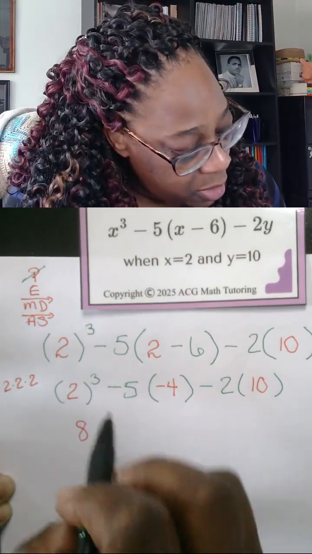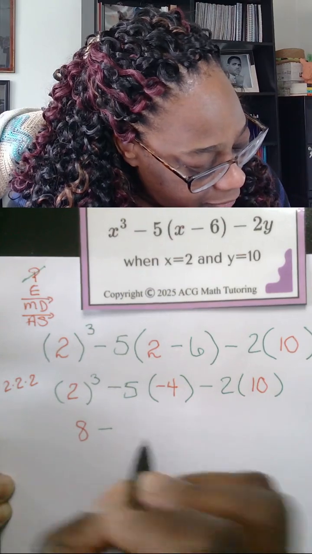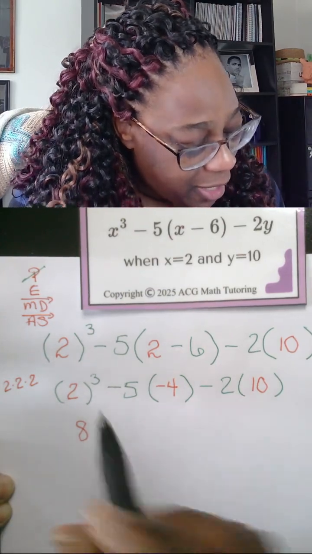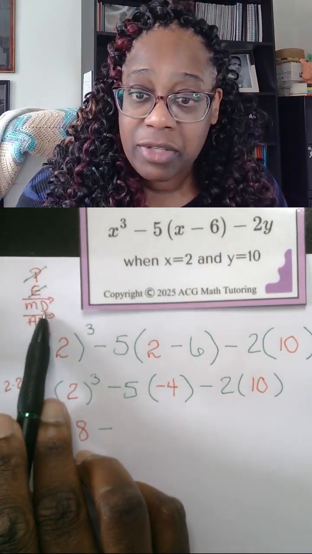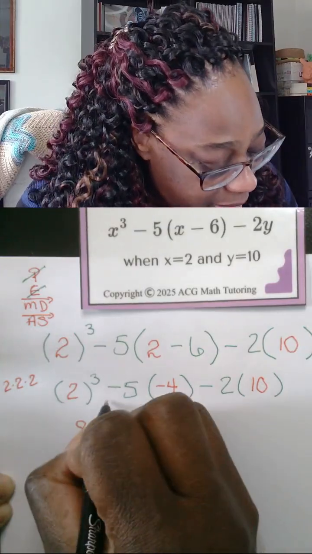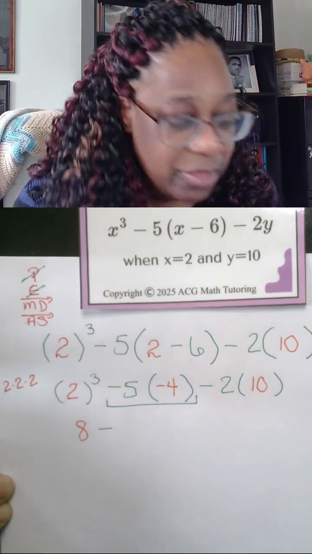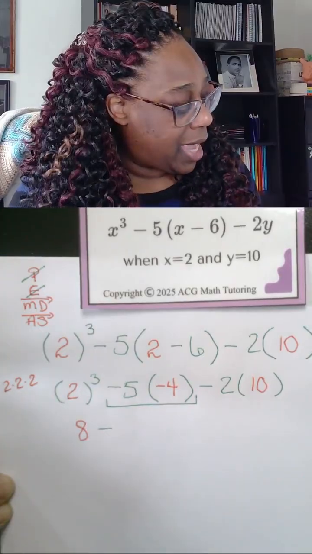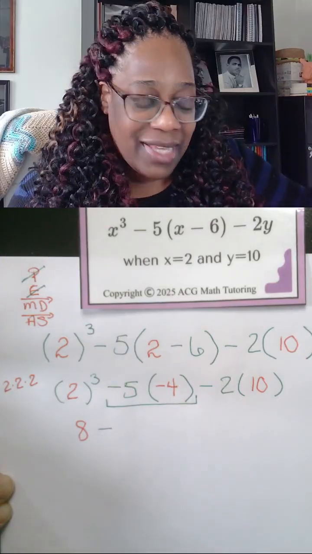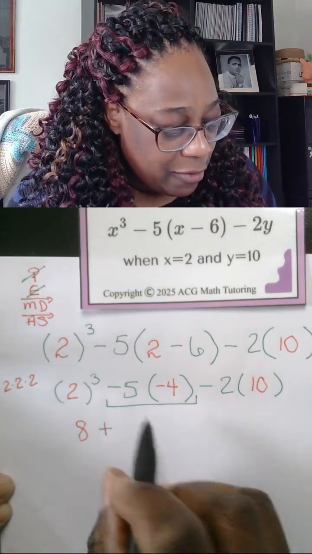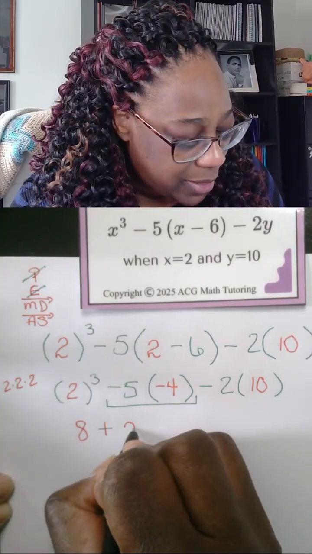Ready? Since we did the exponent, now we're either multiplying or dividing. What we have is right here, the multiplying. So we have a negative 5 times a negative 4. Negative times negative, positive. 5 times 4, 20.